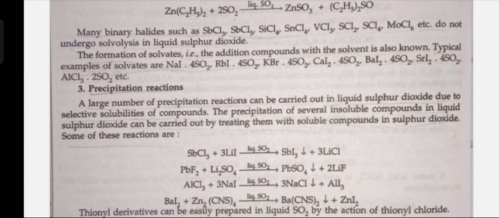The formation of solvates, that is addition of compounds with solvent, is known. Typical examples of the solvates are NaI.4SO2, RbI.4SO2, etc.